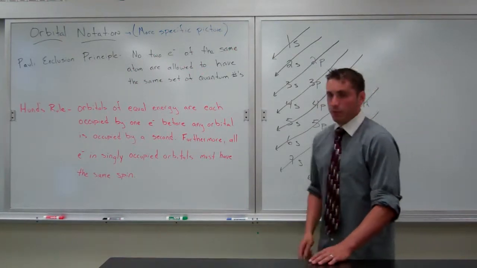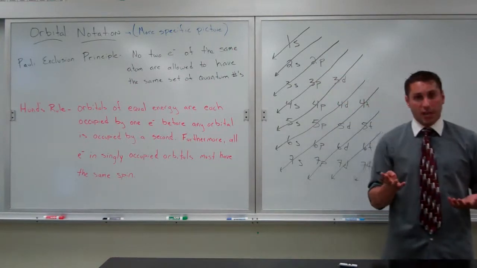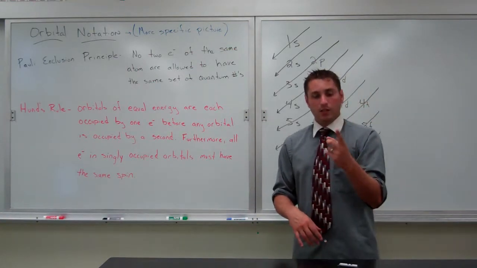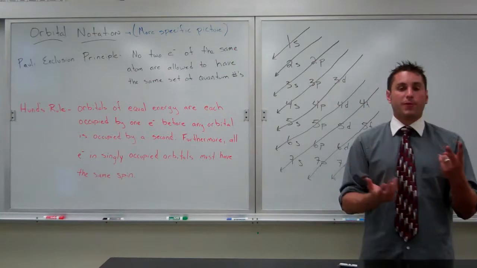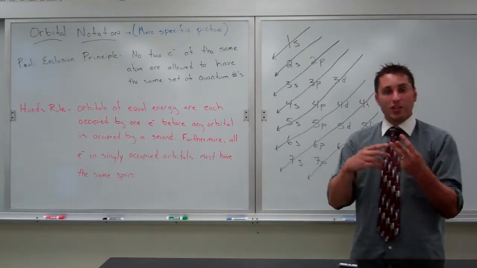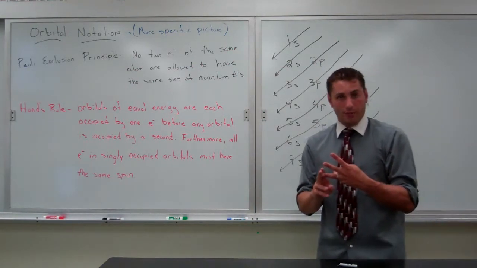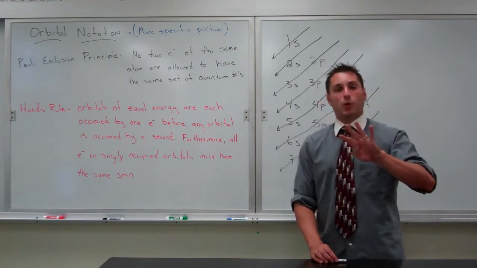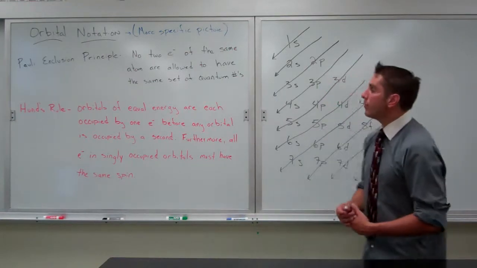The Pauli exclusion principle says no two electrons of the same atom are allowed to have the same set of quantum numbers. We learned that each electron has four different types of quantum numbers. The energy level, which we refer to as n; the orbital, spdf, which is referred to as the l quantum number; the orientation, the direction that that orbital points, which is called the m sub l quantum number; and lastly the spin quantum number, m sub s, which says whether the electron spins clockwise or counterclockwise.